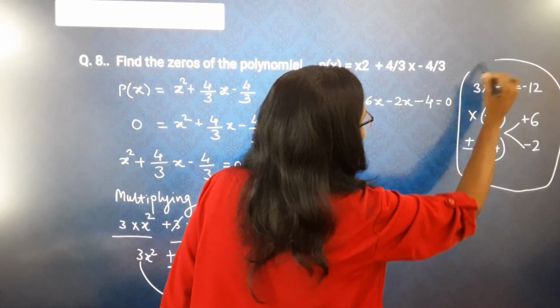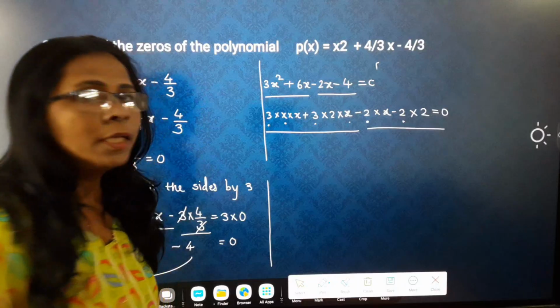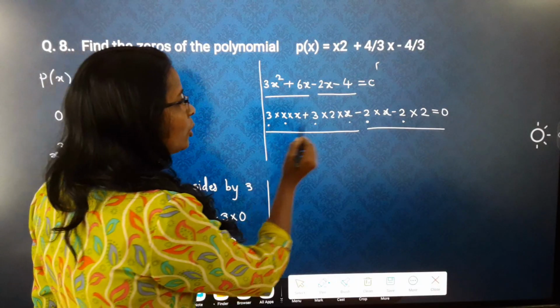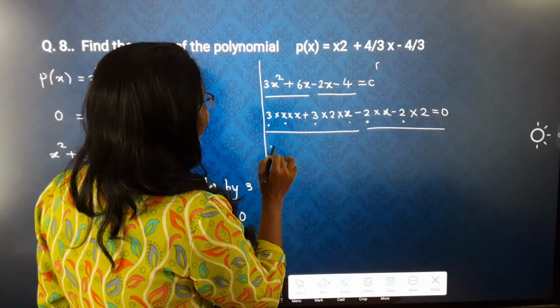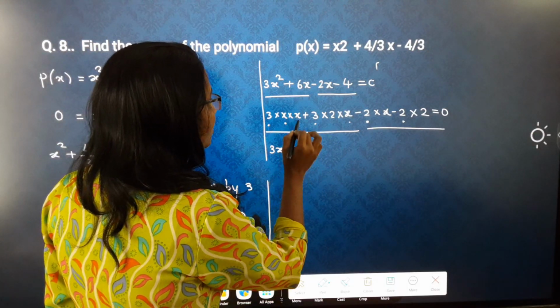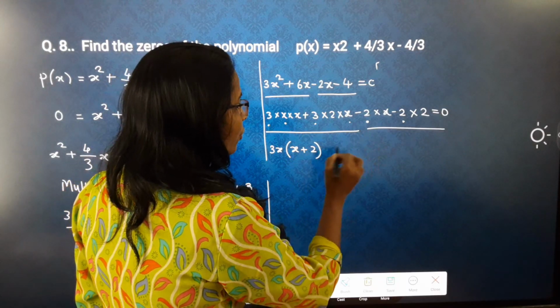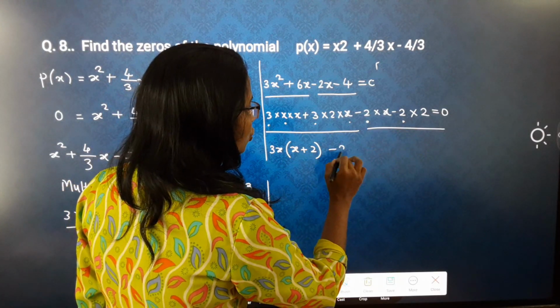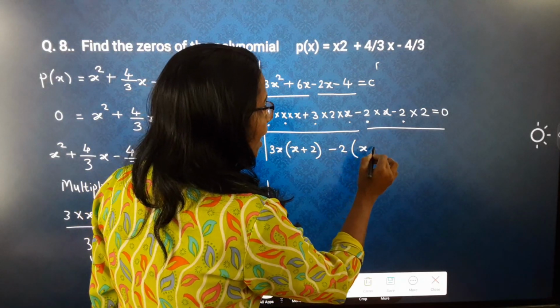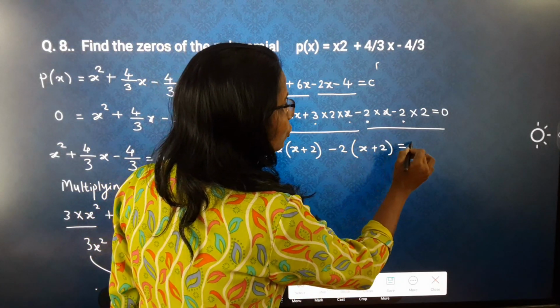Now the common from these two is 3x, and in the bracket we write x plus 2. From the other two the common is 2 and in the bracket x plus 2, which is equal to 0.